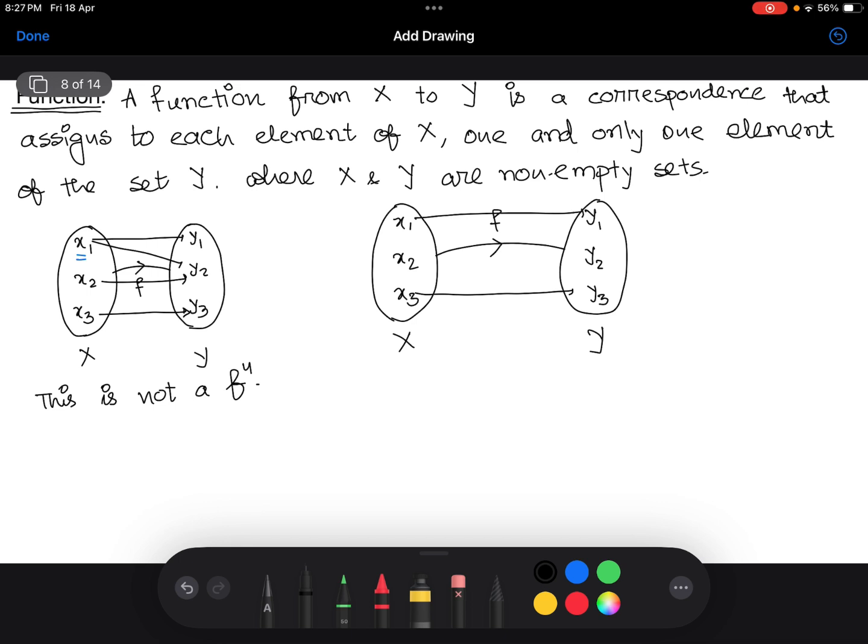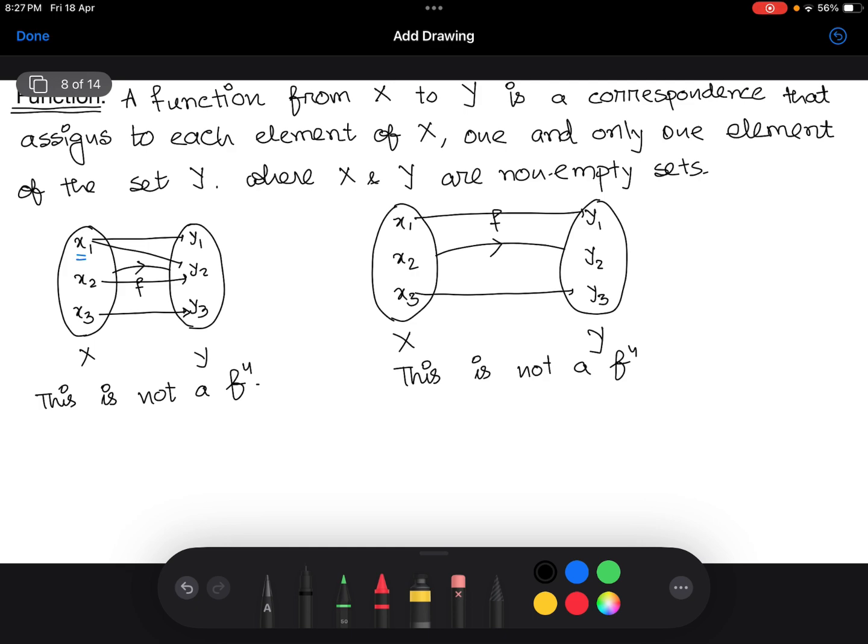Now what do we get from the definition? The correspondence assigns to each element of x. But what do we see here? The x2 element remains. There is no correspondence for the x2 element. The mapping doesn't assign the x2 element in x. So this is also not a function. So we get the conditions when it is not a function.